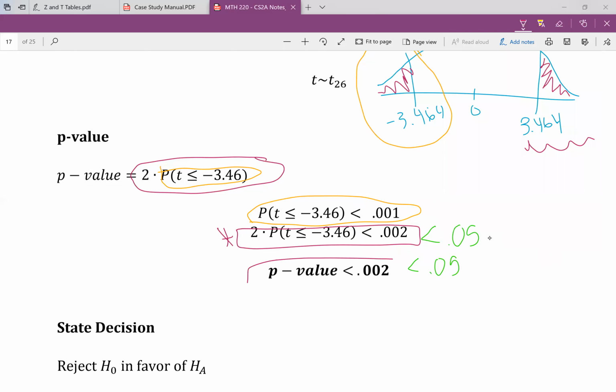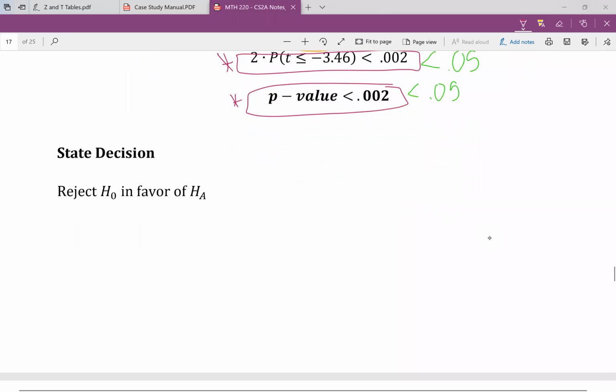So all these things that are in pink and starred, they mean the same thing. My notation up here where I shaded in pink, that is the visual representation of our p-value. Okay, and we get a final decision of reject H0 in favor of HA. Okay, so it looks like I have one more to do with you.